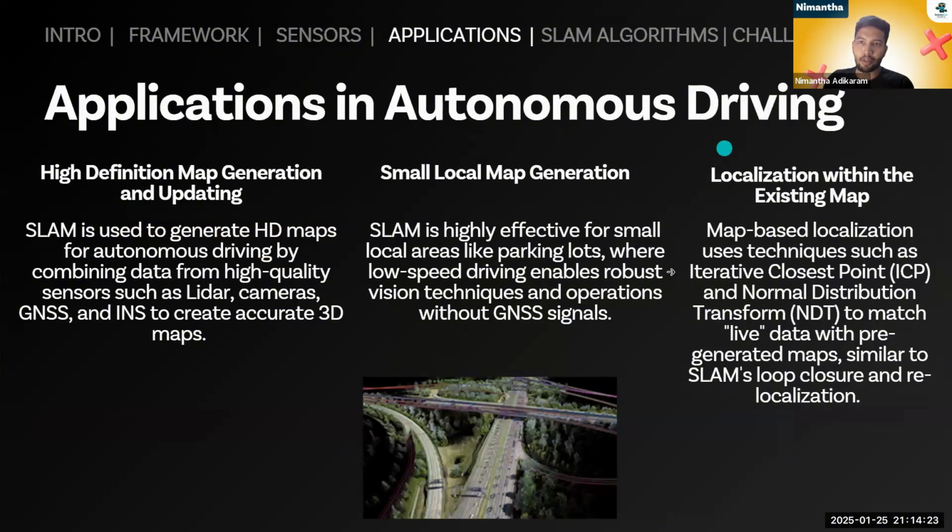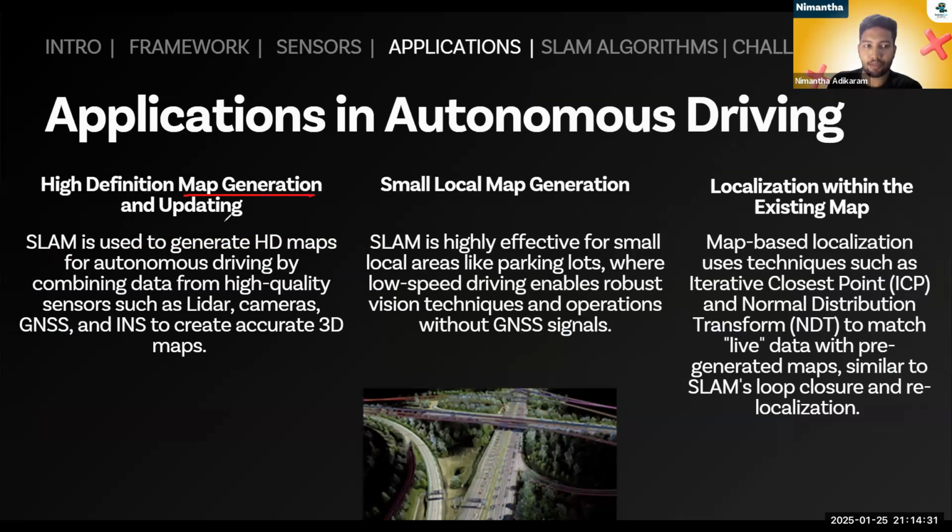When we talk about applications in autonomous driving, we have high definition map generation and update. Generating HD maps really needs high quality data, so we can create accurate 3D maps.